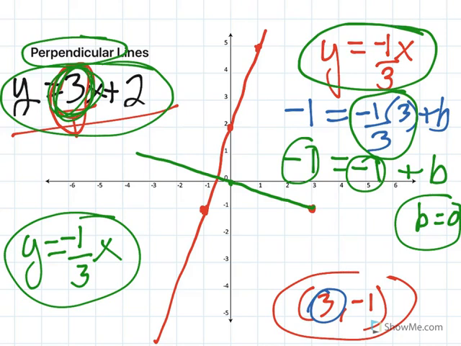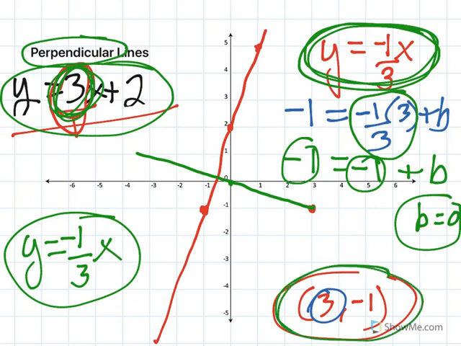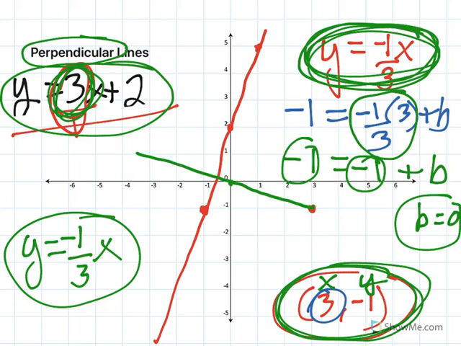Okay, so now you know the first part of the equation right here, and then all you have to do is solve for the y-intercept by plugging in this point here for x and y. Remember, this is the x and this is the y, so since the equation says y equals negative 1/3 x, don't plug them in the wrong way. And once you solve your y-intercept, you just add that to the end of this equation here, and you've got it. That's how it works.